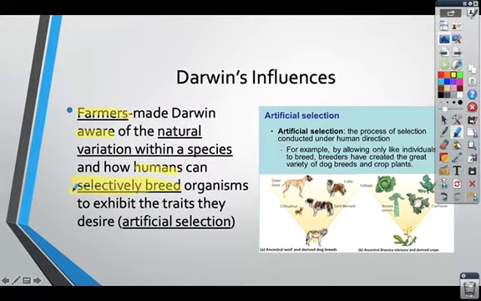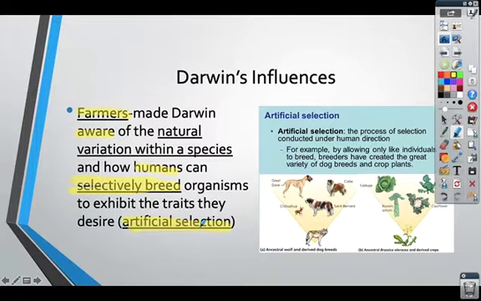We call that selective breeding or artificial selection. So artificial selection is when people pick out the traits they want an organism to exhibit. Natural selection is when the environment favors organisms with specific traits because they are better suited to live there.